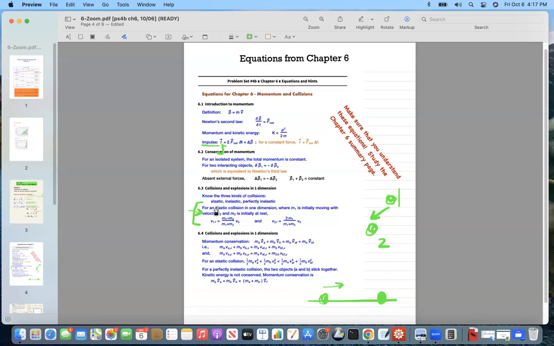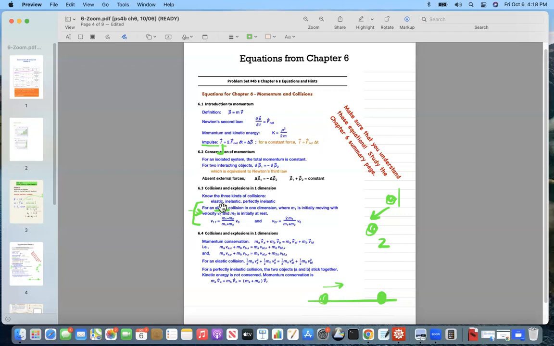But it's elastic. Elastic means the kinetic energy before and after the collision is the same. So in all collisions, momentum is conserved. In elastic collisions, kinetic energy is conserved. But there are also inelastic collisions where kinetic energy is not conserved.